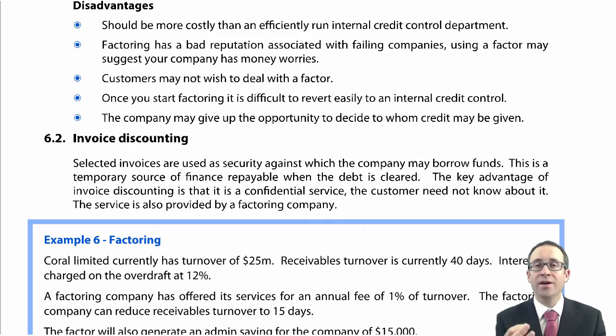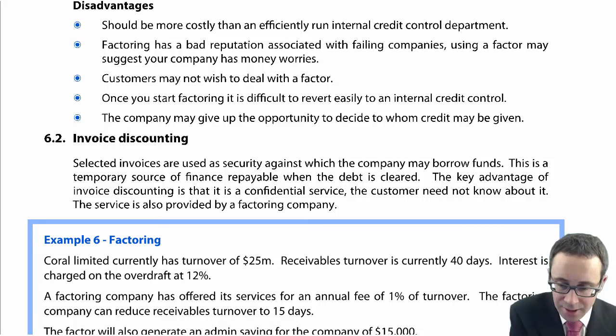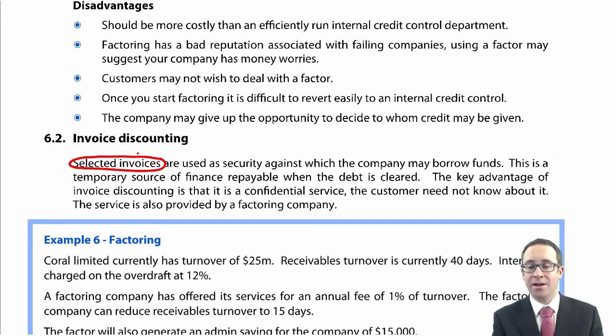The other alternative to factoring, where we sell our whole portfolio of debts for an amount of cash, is invoice discounting. That's where you use selected invoices against which you borrow funds.